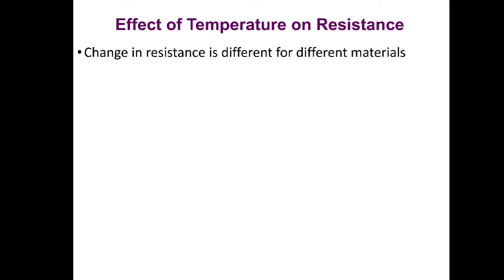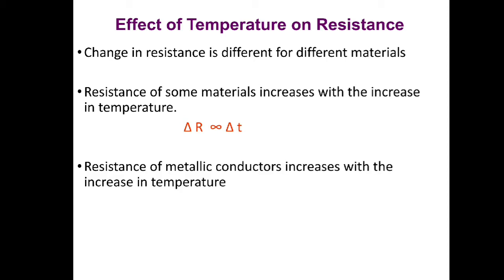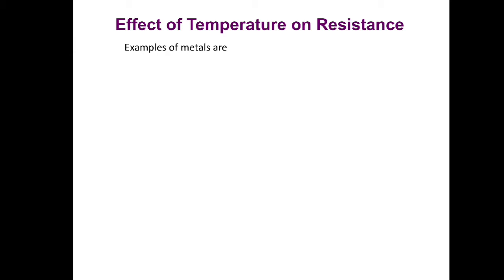The change in resistance is different for different materials. In some materials, resistance increases with an increase in temperature. That means the change in resistance, delta R, is directly proportional to the change in temperature. The resistance of conductors increases with an increase in temperature, as we know.